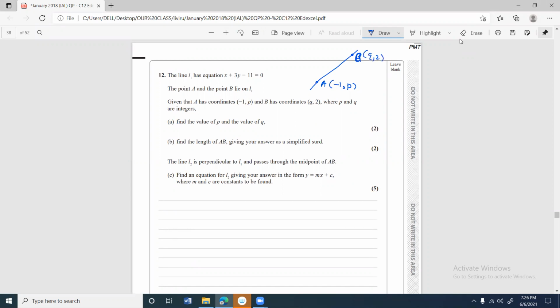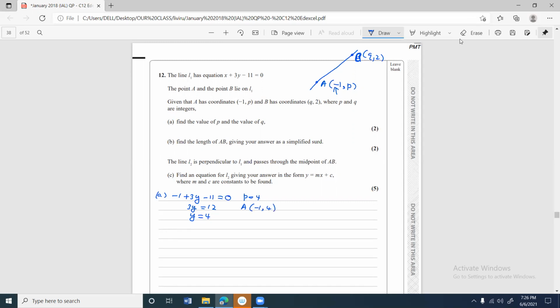So over here, if you consider the coordinate A, you know that the x coordinate is minus 1. It's on the straight line, therefore the x coordinate is minus 1 over here, and minus 1 plus 3y minus 11 equals 0. So we can say 3y is equal to 12. Therefore, y becomes 4. So simply, you get the answer for P. P is 4, so you can write A's coordinate as (minus 1, 4).